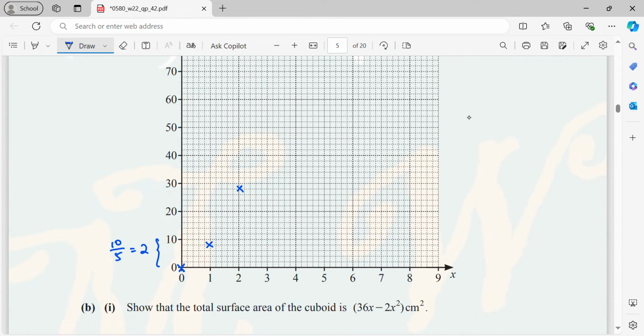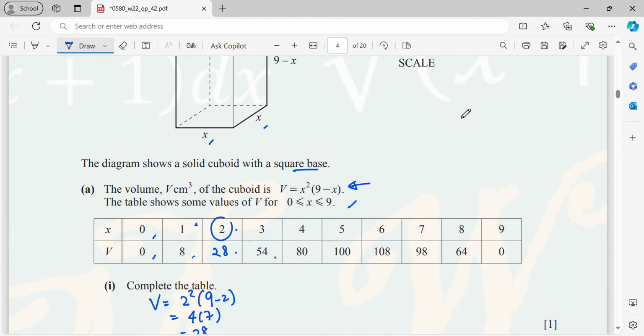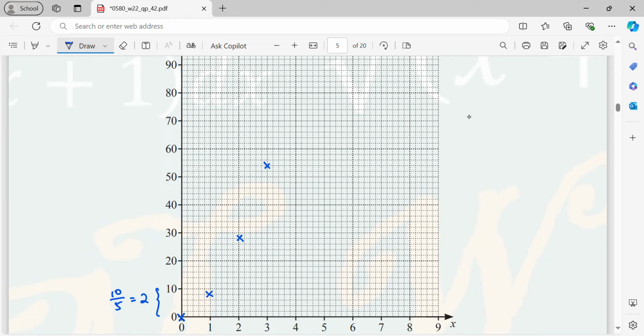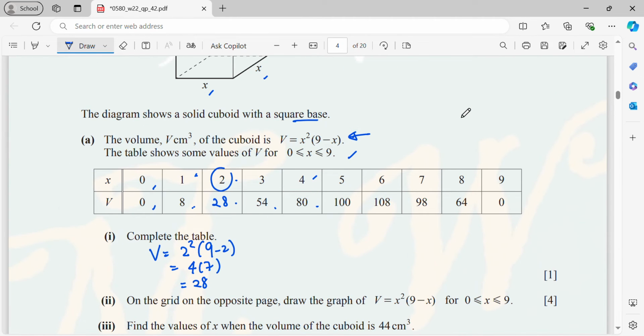When x is 3, v is 54. Then after that, when 4, you get 80. Then when 5, you get 100 for the v.